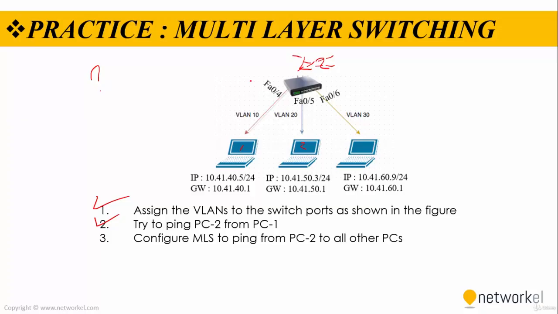So what I'm gonna do is configure the multi-layer switching capabilities on that switch, and I'm gonna retry to ping from PC2 to other PCs, and see what's going on. On the multi-layer switch, the first thing I should do is enable routing.